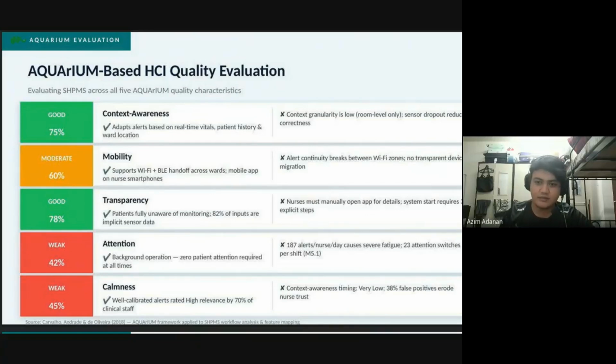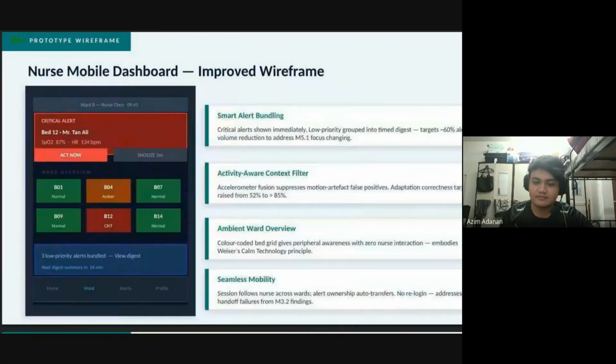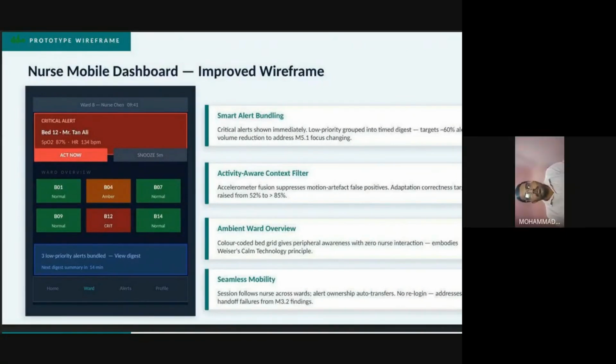For the next one. Hi, today I'm going to present an improved wireframe for this nurse mobile dashboard designed to reduce alert overload and improve patient response. So the first section we have is the critical alert section, as you can see in the red box.